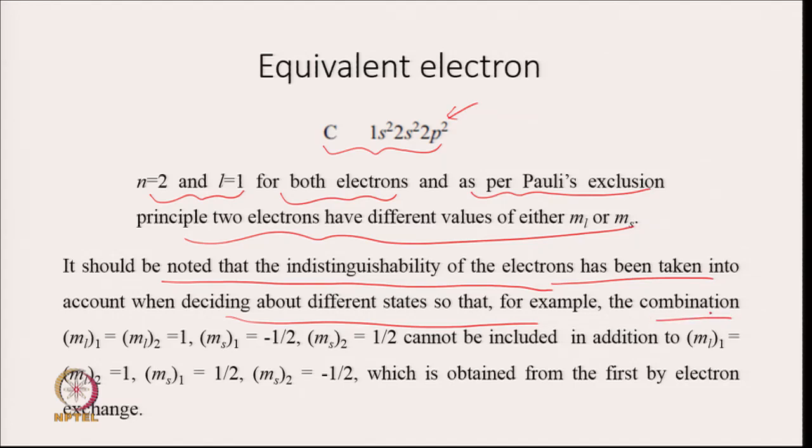For example, the combination ML1 equal to ML2 equal to 1, MS1 equal to minus half, MS2 equal to half cannot be included in addition to ML1 equal to 1 and MS1 equal to half, MS2 equal to minus half, which is obtained from the first by electron exchange.